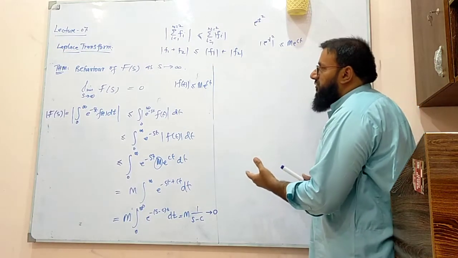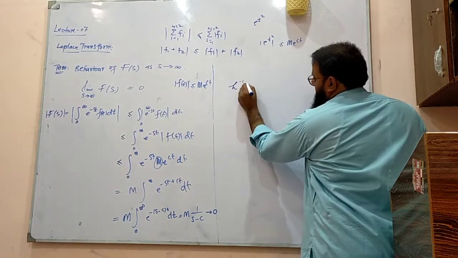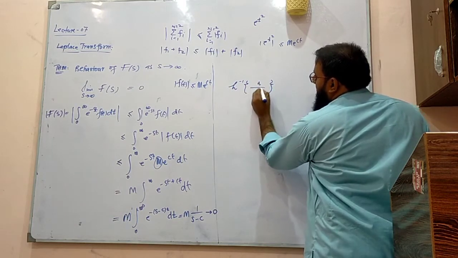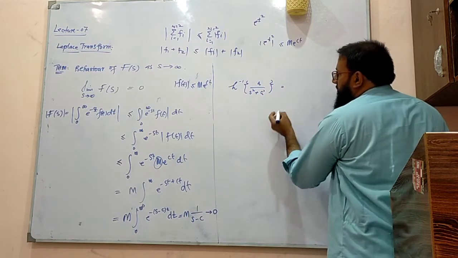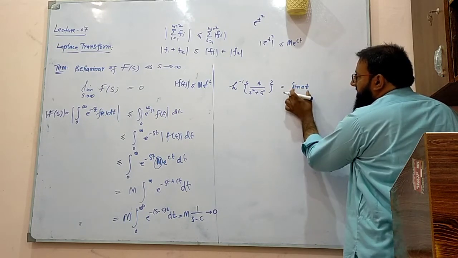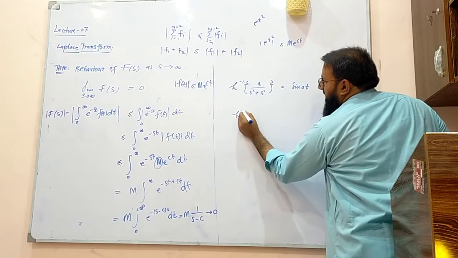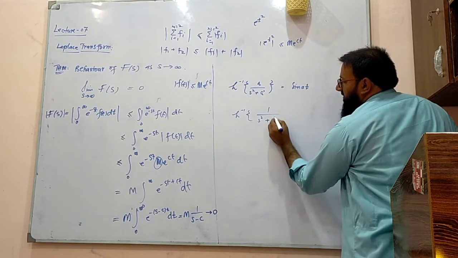But at least we should know the basics. If I have the inverse Laplace transform of, let's say, a over s square plus a square, then it is going to be sin at, because I know very well that the Laplace transform of sin at is this one. So for example, I am given 1 over s square plus, let's say, 9.